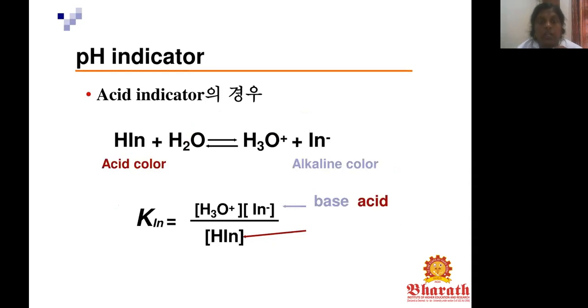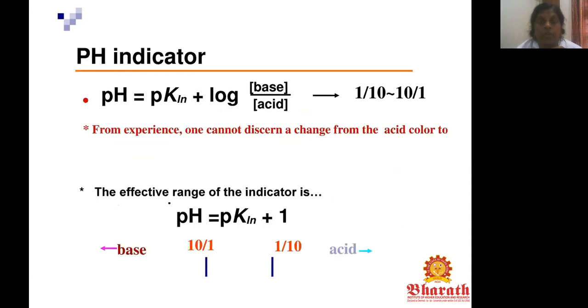Here the indicator can be used in alkaline and acid medium. The effective range of the indicator is pH equal to pKa plus or minus 1. We can represent pH equal to pKa plus log base by acid.